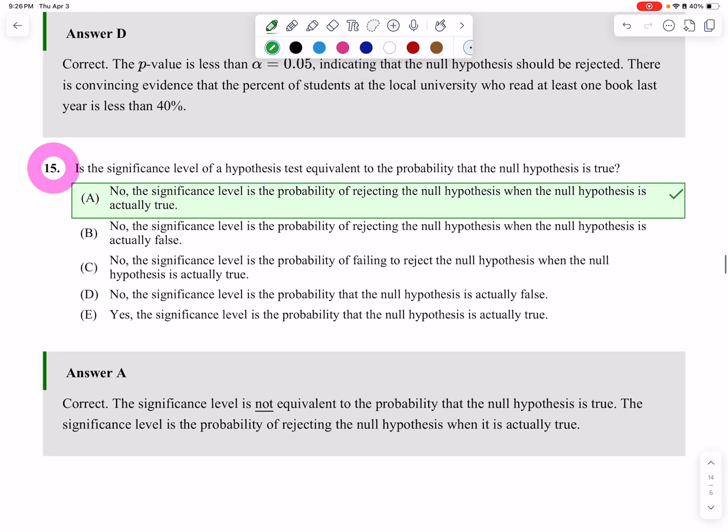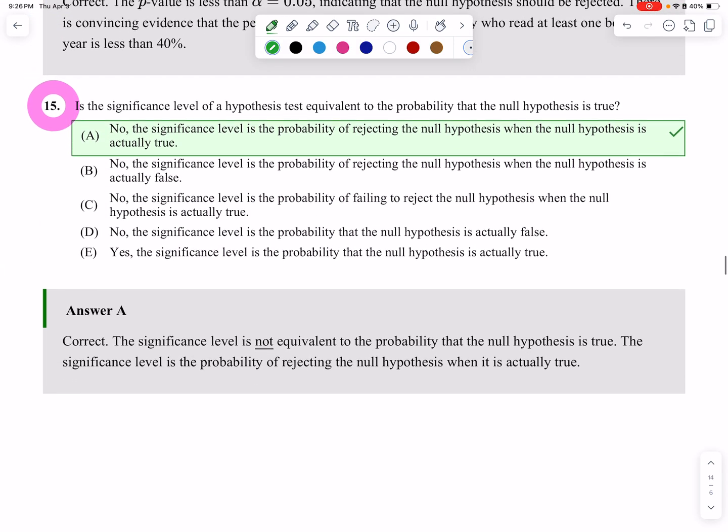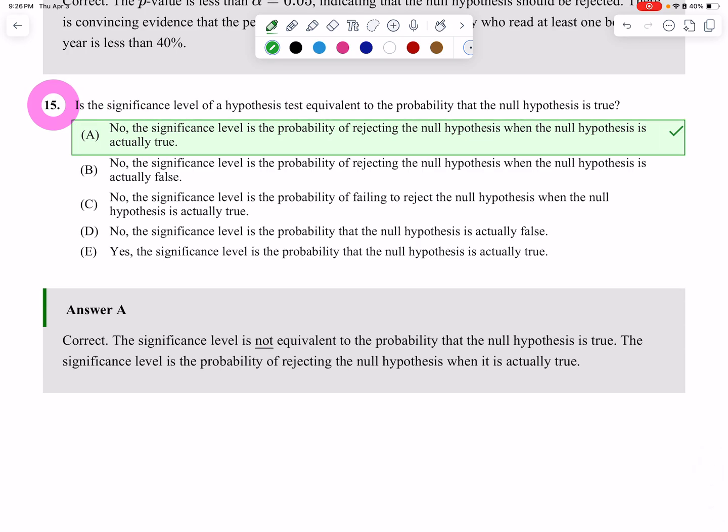Okay, number 15 is the next one. Is the significance level of the hypothesis test equivalent to the probability that the null hypothesis is true? So the significance level of the hypothesis test is, let's say, alpha equals 0.05.